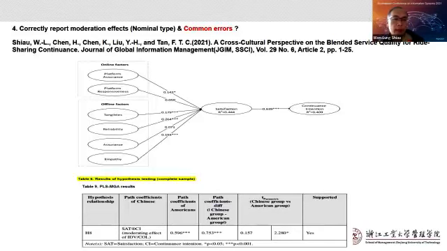But don't forget, it is not the model comparison. So sometimes I also see researchers put the nominal type of moderators into the model. Then how could you explain the value of 0 or 1, or sometimes 1 or 2? How could you make sure they have the moderating effect?